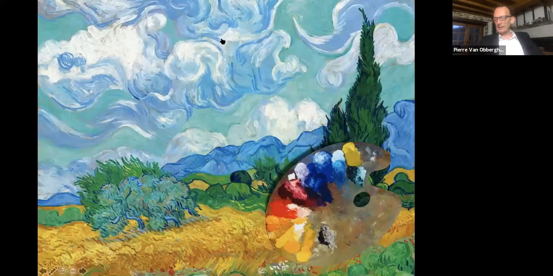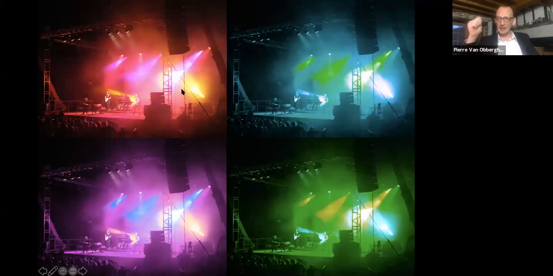So the point is, maybe you know, or probably you know, that when you are mixing colors, there are two ways of mixing colors. One way is to mix colors with paint. That means pigment colors. And there is a second way of mixing colors: mixing colors with light.